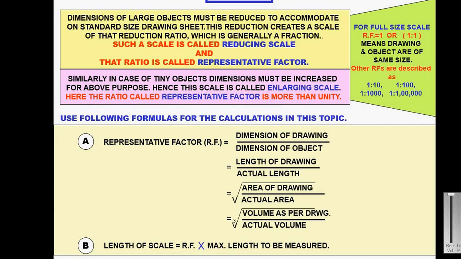The following equations are very important if you are dealing with the scales. The first equation is representative factor, or RF. The equation is the dimension of drawing divided by dimension of the object, or length of the drawing divided by actual length, or square root of the area of the drawing divided by actual area, or cube root of the volume as per drawing divided by actual volume.